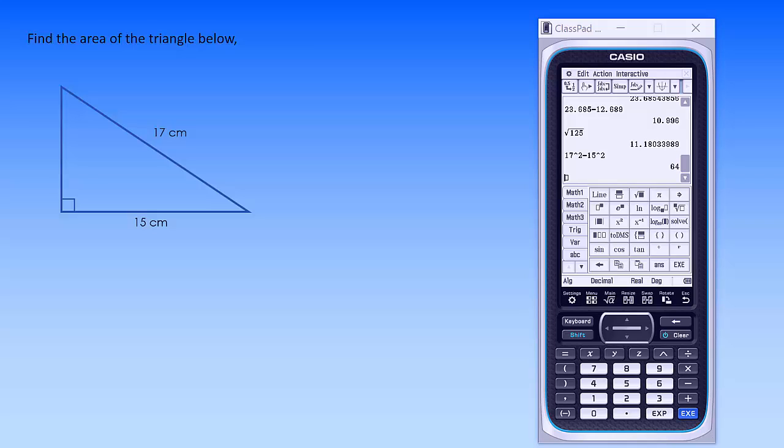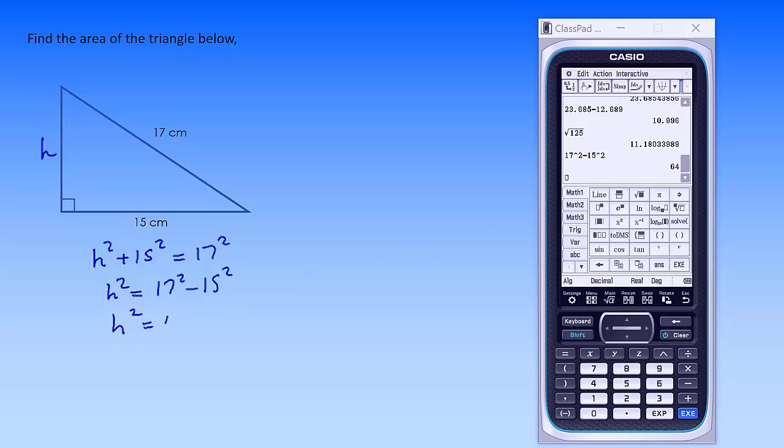Find the area of the triangle below. We have the base, we don't have the height. But we do know the hypotenuse, so we can find h using Pythagoras' theorem. h squared plus 15 squared is equal to 17 squared, and therefore h squared is 17 squared minus 15 squared, and I've already done that on the calculator.